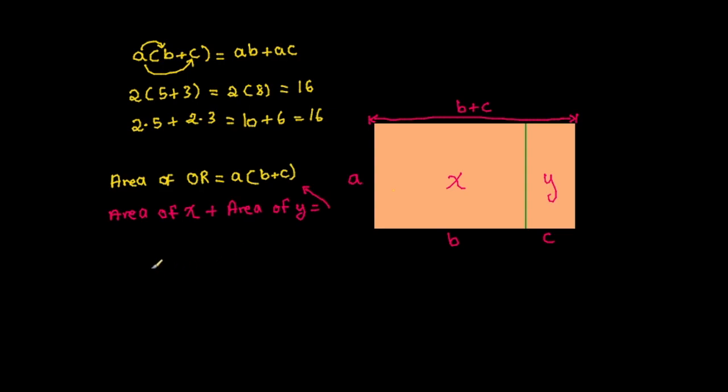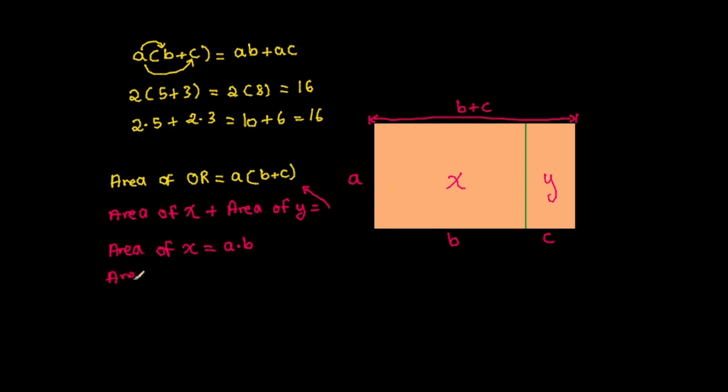It must be. Okay, so now what is the area of X and what is the area of Y? So the area of X, or rectangle X, is just equal to the width of rectangle X, which is A, multiplied by its length, which is just B. Okay?